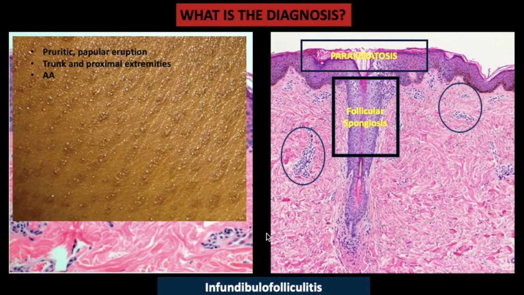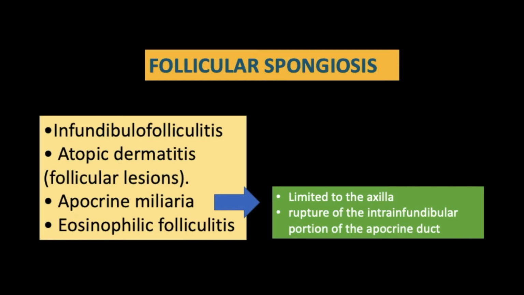So this is infundibular folliculitis. It is usually common in African American individuals and appears as a pruritic papular eruption on the trunk and proximal extremities.